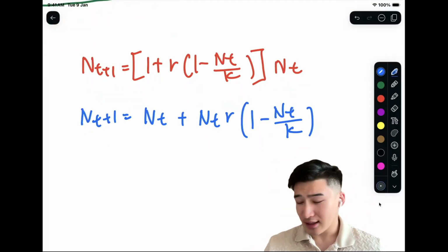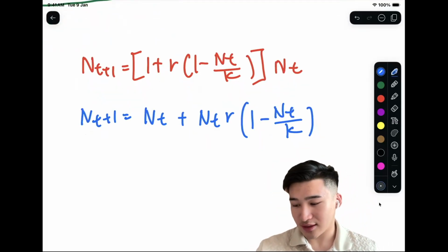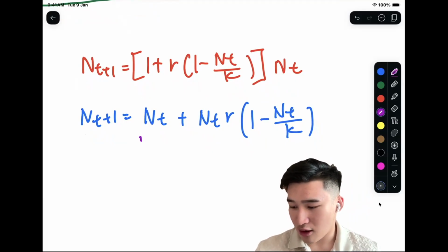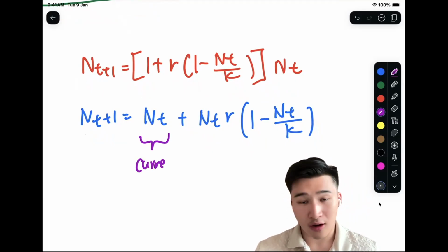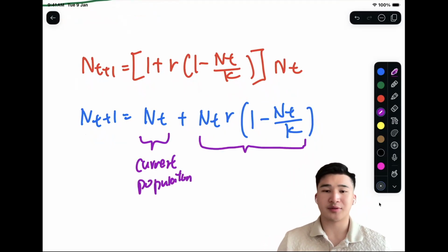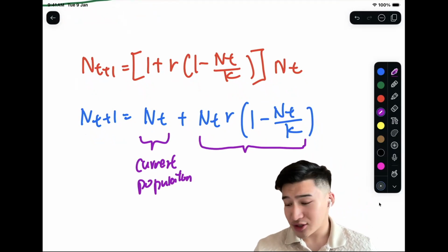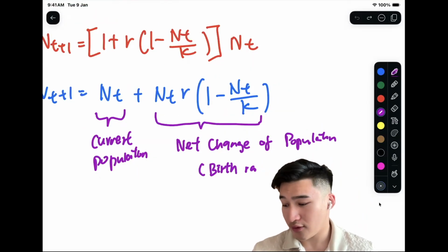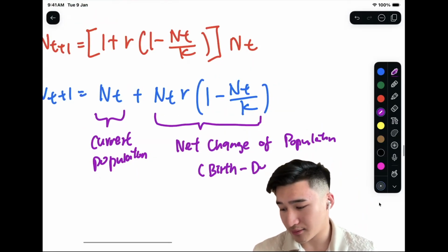And what we can see is N_{t+1} equals this one, which is our current population. And here's a guess: what do you think this chunk is? Well, in fact, this chunk is going to be equal to the net change of the population. This is going to be our birth minus the death.